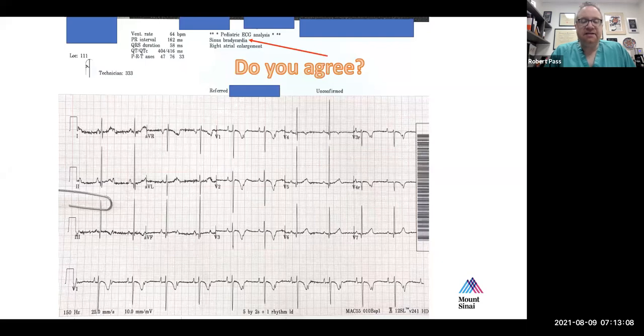But that is a class 1 indication: someone with complete heart block who is symptomatic. Obviously, if they're fainting, that's pretty obvious. But if they are having just generally mild, lower than average energy levels, that's harder to gauge. But usually mothers are fairly good at telling us the answer to this one.